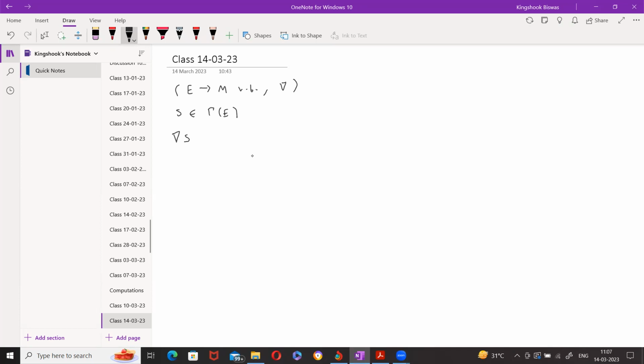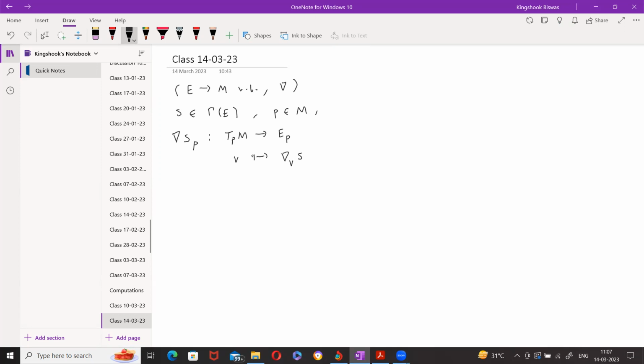If I take a point P in M, then nabla S at the point P is a linear map from the tangent space TPM to the fiber of the vector bundle E at P. What is this linear map? It's just V goes to the covariant derivative nabla sub V of S.